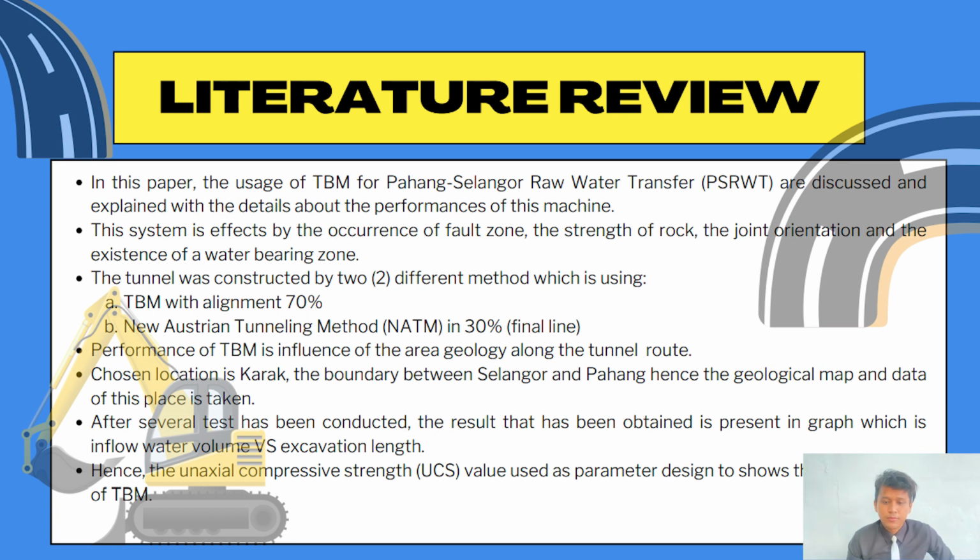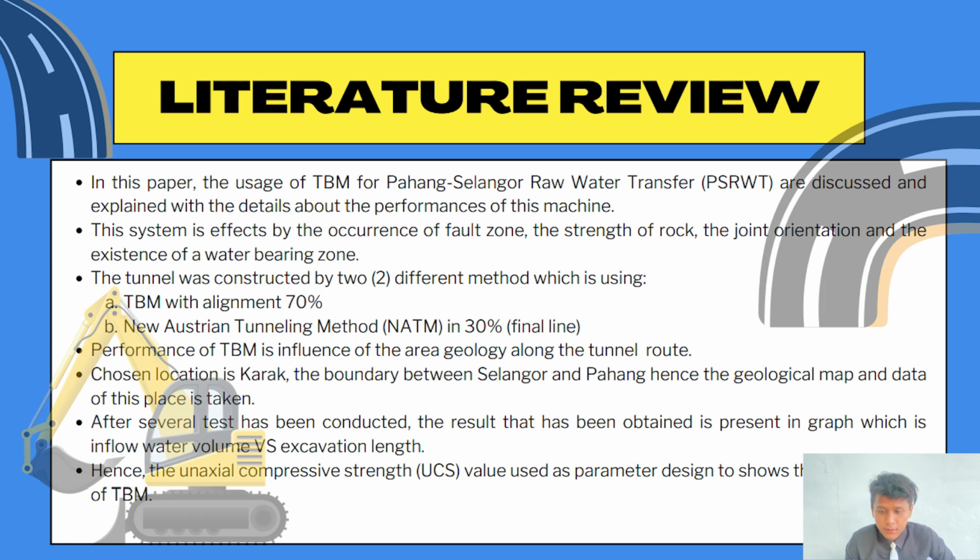Next will be discussed the performance of the tunnel boring machine that is influenced by the area geology along the tunnel road, and the choosing of the location, which is Kara, the boundary between Selangor and Pahang, based on the geological map and data.